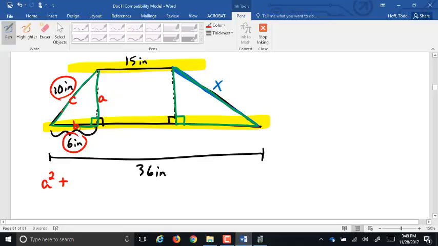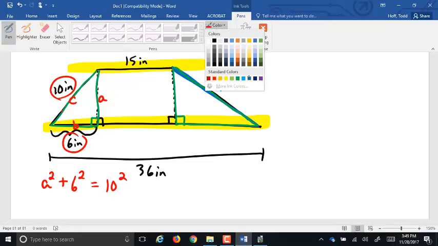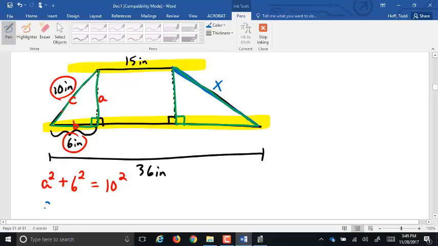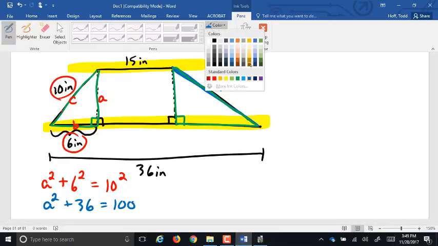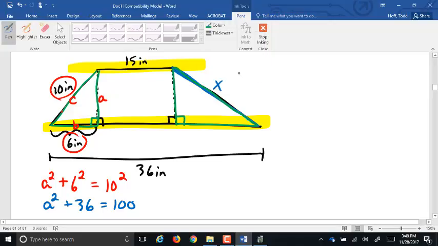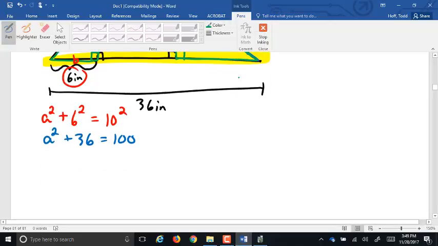So I'm going to start there finding A. A squared plus B squared, B is 6, so that's 6 squared, equals C squared, so that's 10 squared. A squared isn't going to change. 6 squared is 36. 10 squared is 100. And now we're going to keep solving from there by subtracting 36.